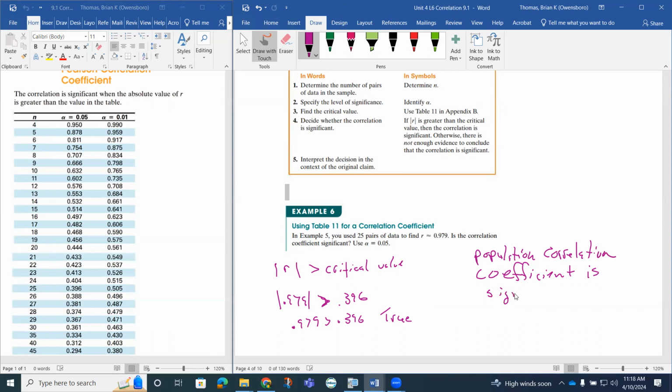What that means to us is the data is going to be a good predictor of whatever we're doing. If we create some type of math model, it is going to be a good predictor of future happenings based on the data itself.